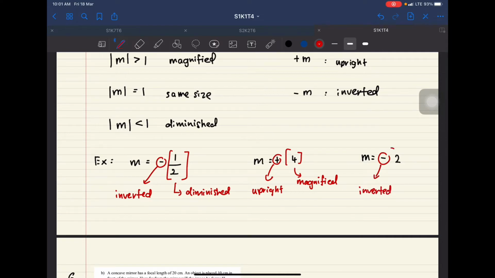The number 2 here represents that this one is magnified because it is more than 1. So even though this is negative 2, since it is negative, it means that the image is inverted, and 2 means the image is magnified.